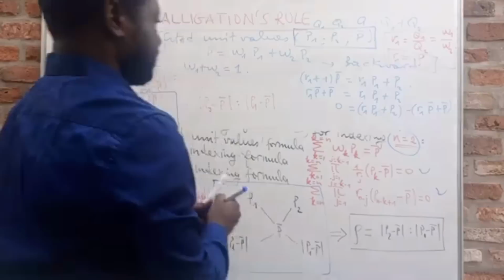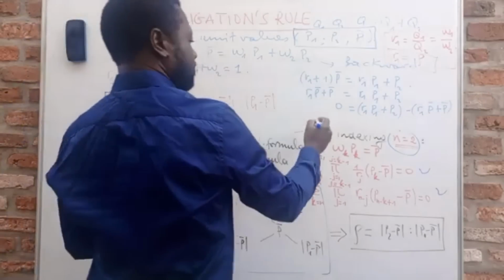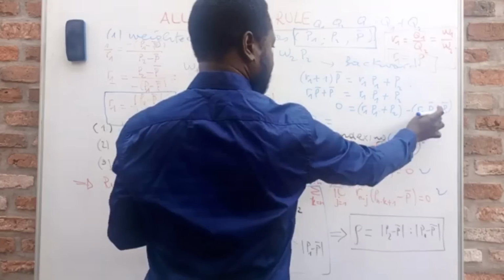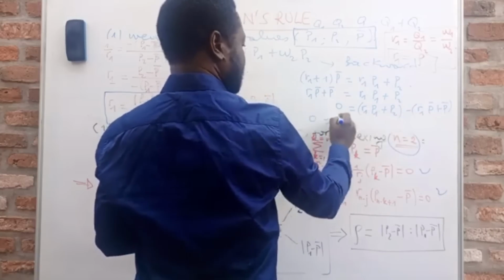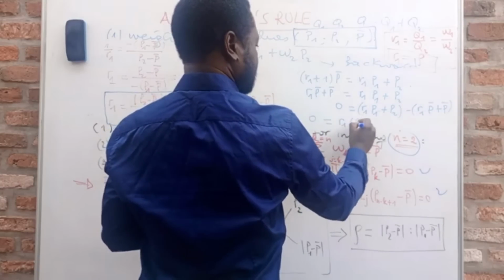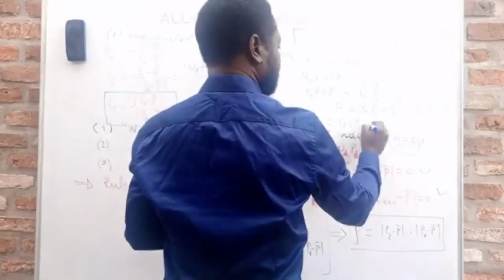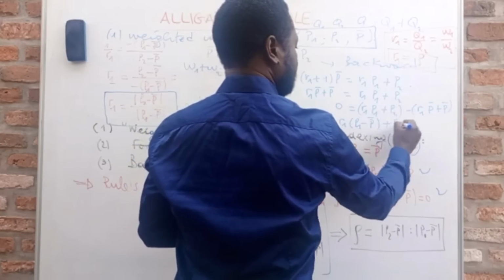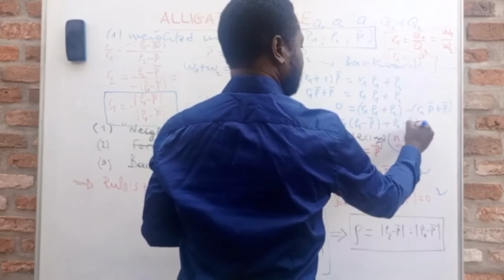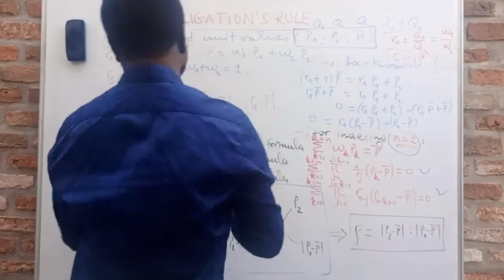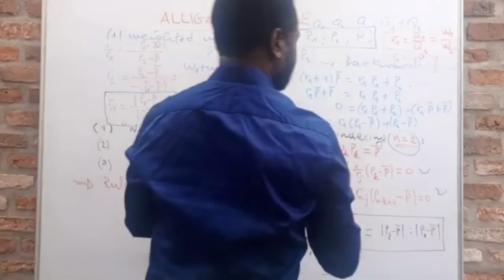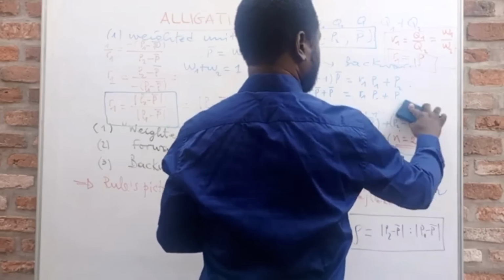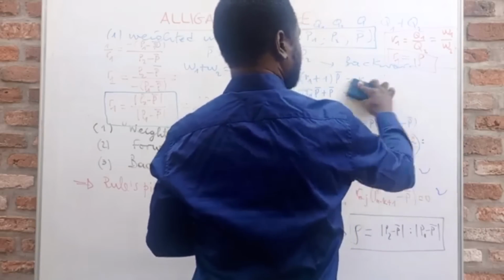Okay, now what am I going to obtain? I get 0, and this one I can associate with this: R sub 1 times (P sub 1 minus P bar) plus (P sub 2 minus P bar). Okay, so from this identity, the last one, I can solve for R sub 1.